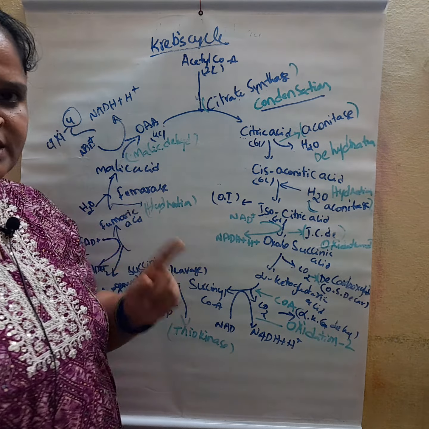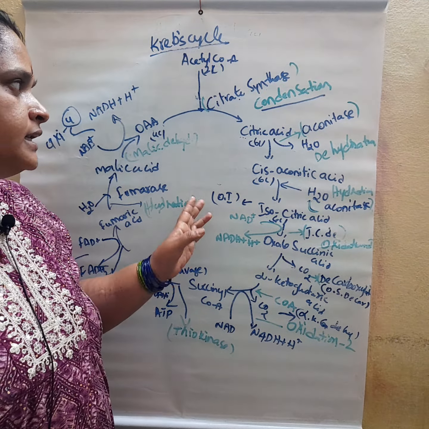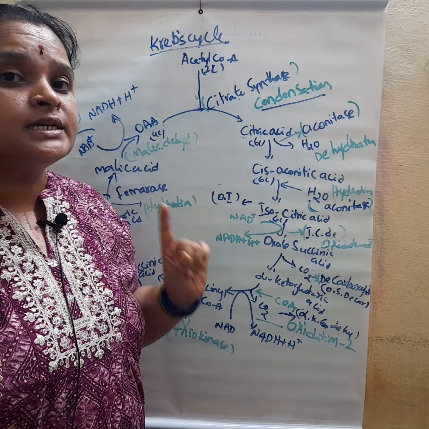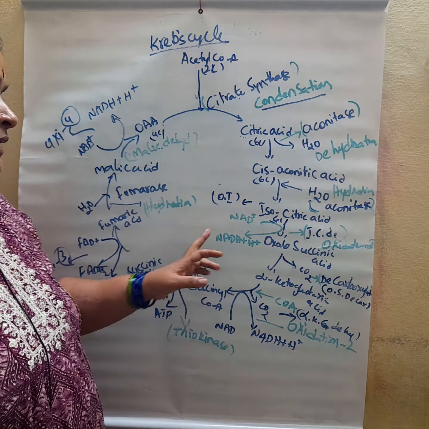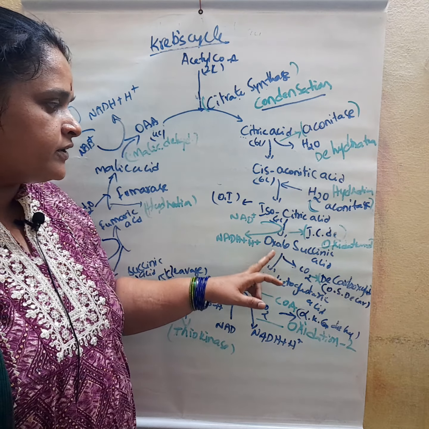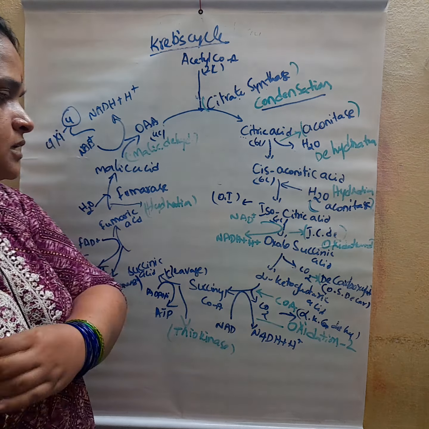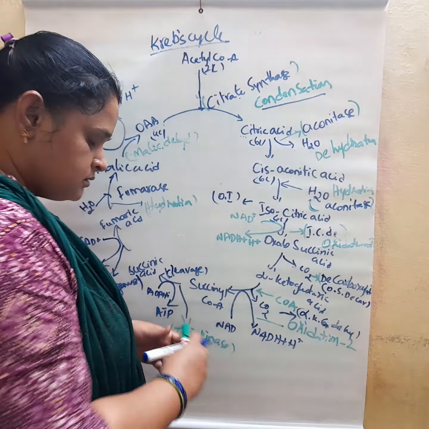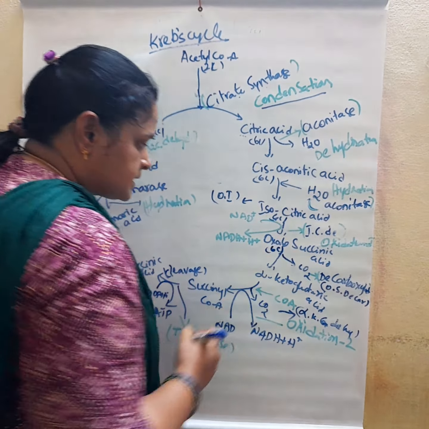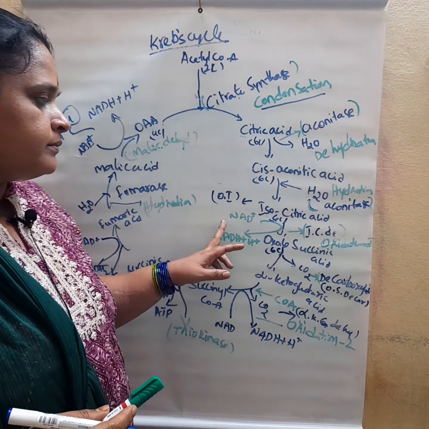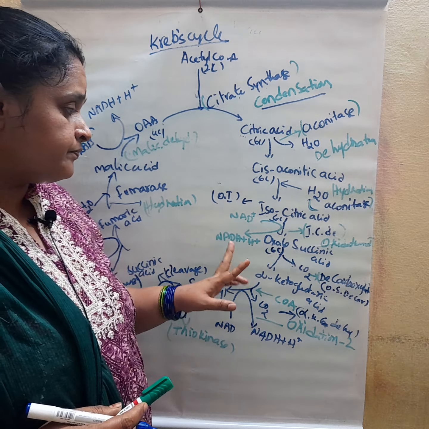This is the first oxidation step in the citric acid cycle or Krebs cycle. Now isocitric acid is converted into oxalosuccinic acid, also a six carbon compound. Now remember these oxidations.